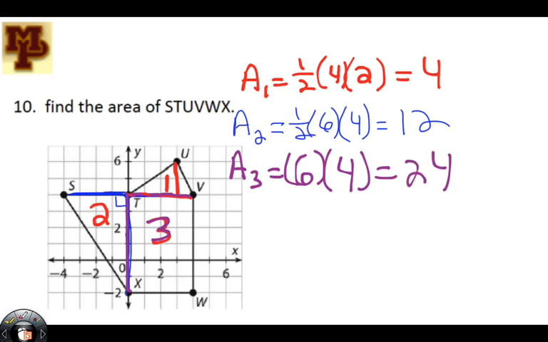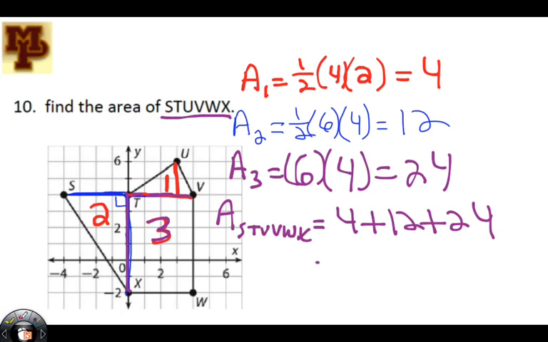So the area of this whole shape, STUVWX, is equal to 4 plus 12 plus 24. So it's 40 square units.